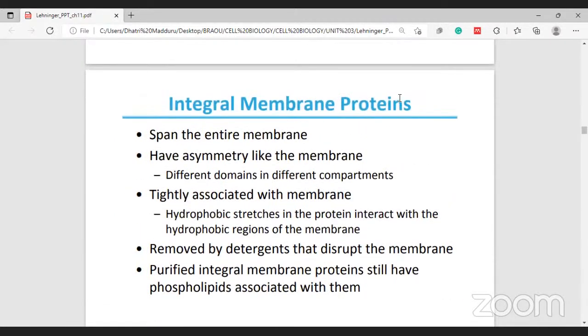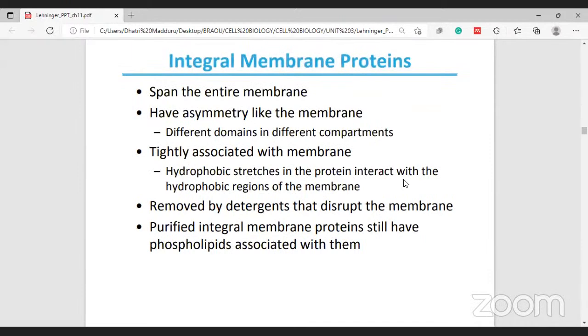Then integral membrane proteins span the entire membrane. They have asymmetry like the membrane. Just as the two leaflets of the membrane are asymmetrical, the different domains, the extracellular domain, the transmembrane domain, and the intracellular or cytoplasmic domain, are also asymmetric in nature.